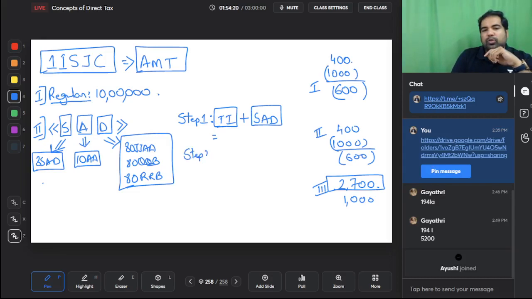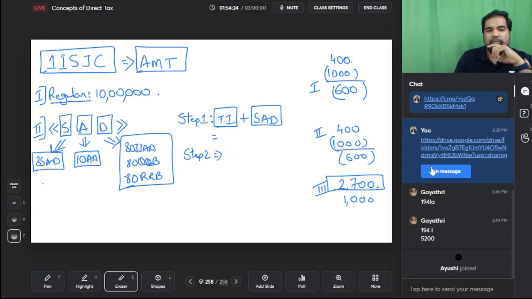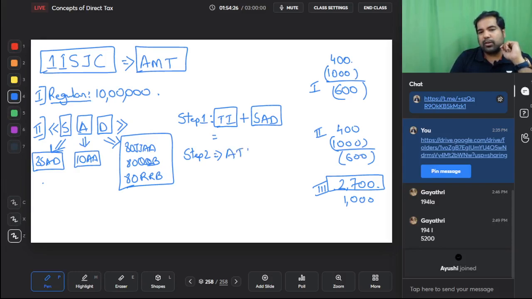Next, step 2, you will take the total amount which we call adjusted total income, and you will multiply by 18.5%, which is the alternate minimum tax rate. So 18.5%. If you are in an international financial service center, then this will be 9%.